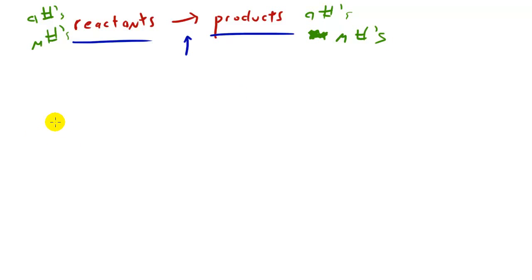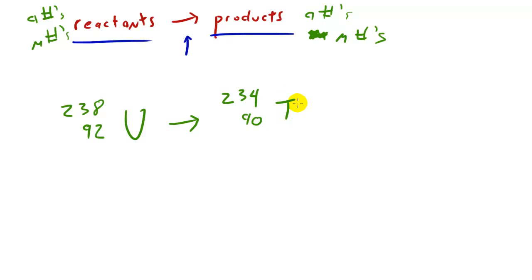So we're saying, alright, I need to see an example here. Well, lucky for you, I'm about to do one. So say you have an element like uranium, which is 238,92 uranium. And then some sort of nuclear reaction takes place and you end up with 234,90 thorium and some other element. Well, what you want to do is you want to find out what this other element is. So what you need to do is say, okay, 238 minus 234 is 4, and 92 minus 90 is 2.